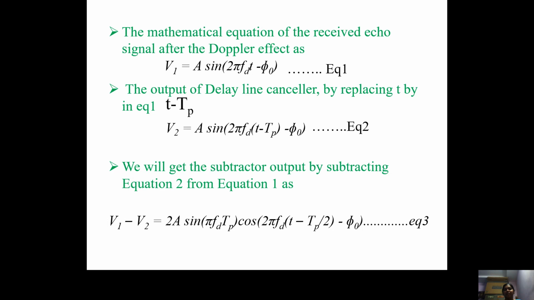Like that, whenever the sine argument is an integer multiple of pi, the total voltage is going to be 0, which is nothing but the indication of blind speed. That concept we'll see here.